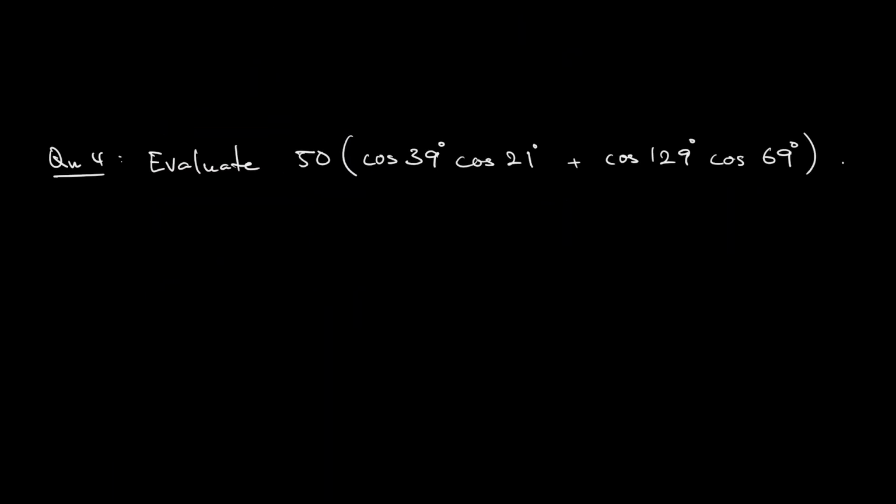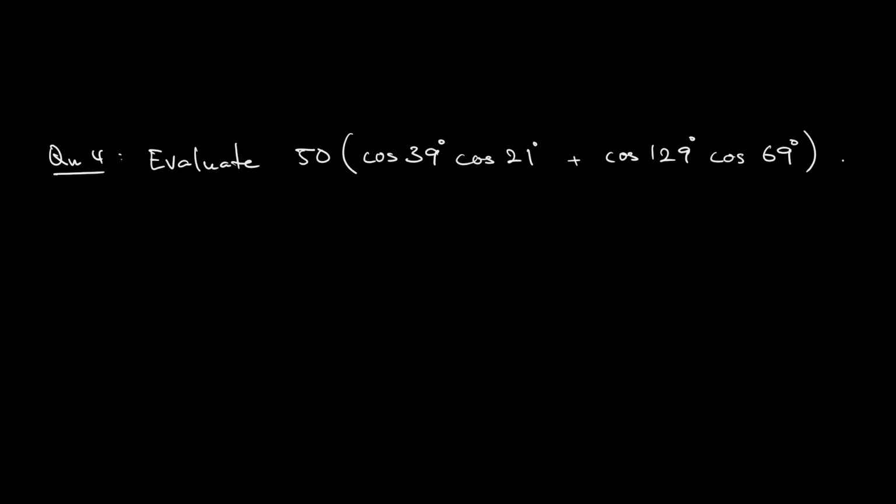Okay, moving on to question 4. The question asks you to evaluate this expression. So it's 50 multiplied by, in a bracket, cosine 39 degree multiplied by cosine 21 degree plus cosine 129 degree multiplied by cosine 69 degrees. So how to simplify these trigonometry expressions?